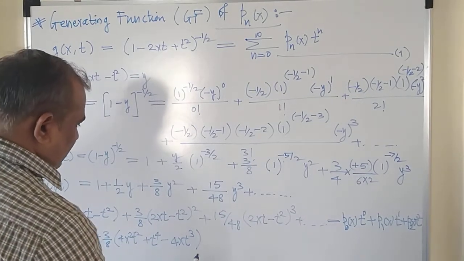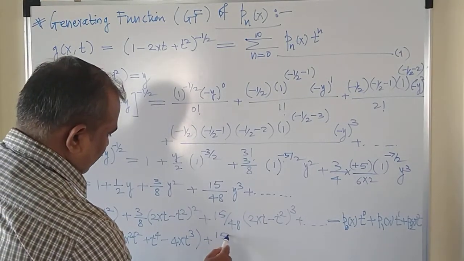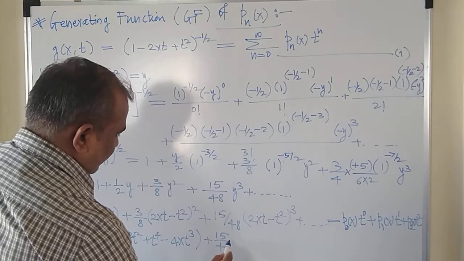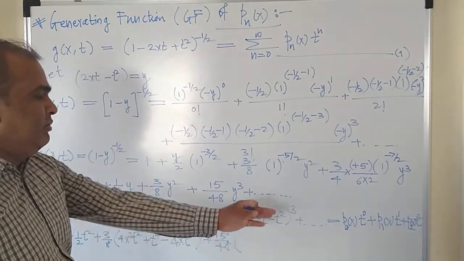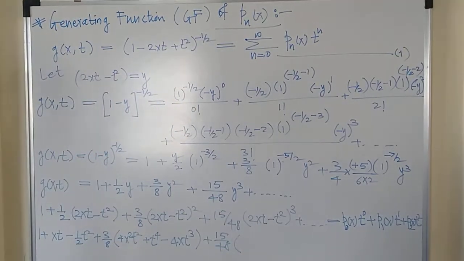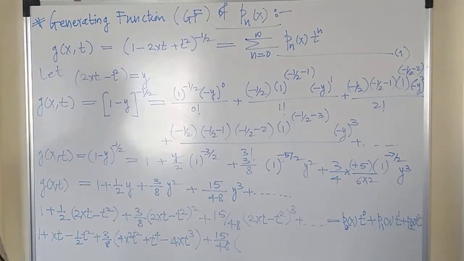The square is over. Plus 15 by 48 into, now this expansion will become large, (a minus b) whole cube, that is a cube minus b cube minus 3a square b plus 3ab square.